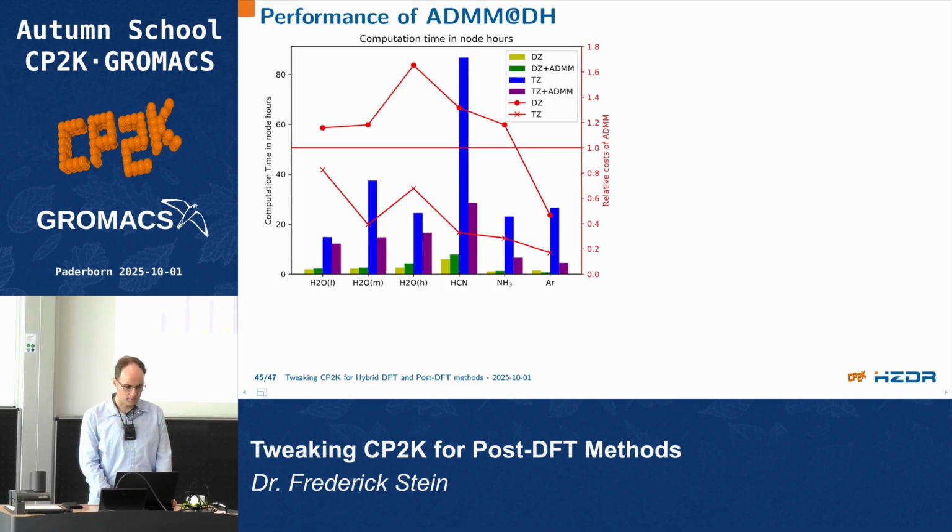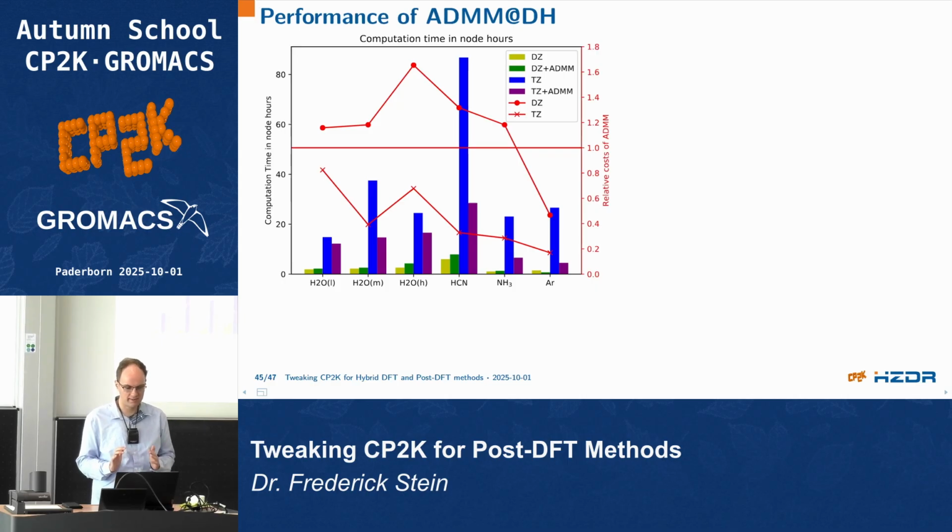A few words on the performance, why we actually need it. So here I show you the computational timings of a double hybrid functional for a variety of systems. And if you employ something like a double zeta basis set, which is, as I've told you, not my recommendation, then usually there is not really an acceleration. But in case of argon, where we have to employ augmented basis sets for accurate results, you already observe an improvement in the factor of 2 of the total timing, not just the Hartree-Fock part.